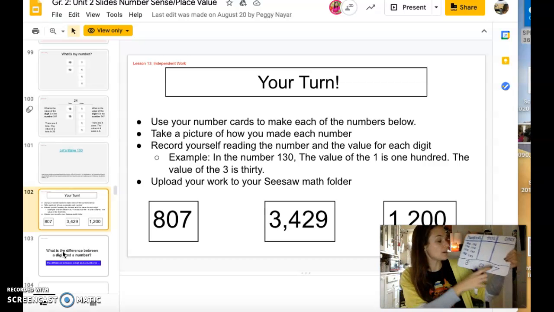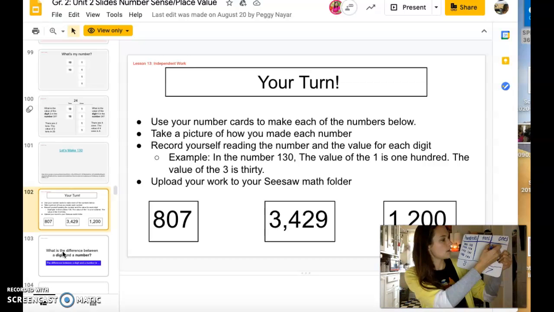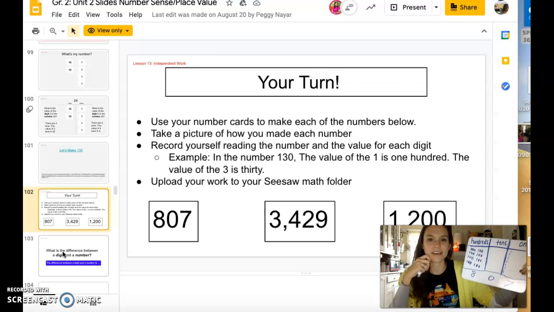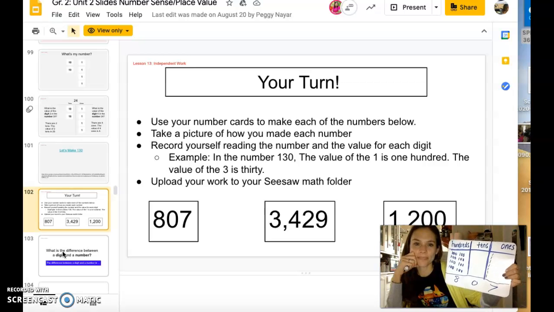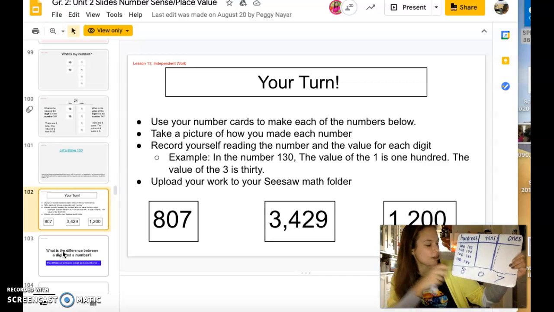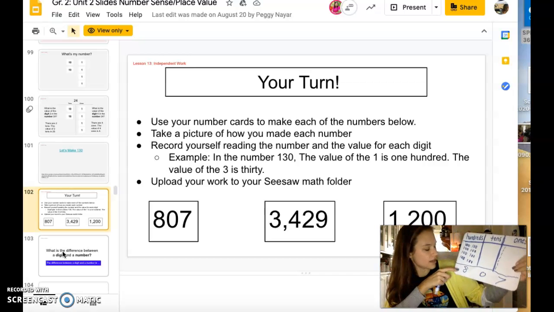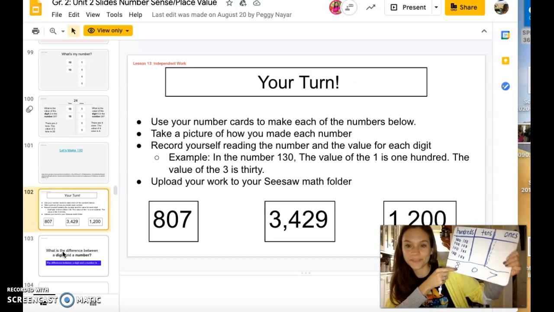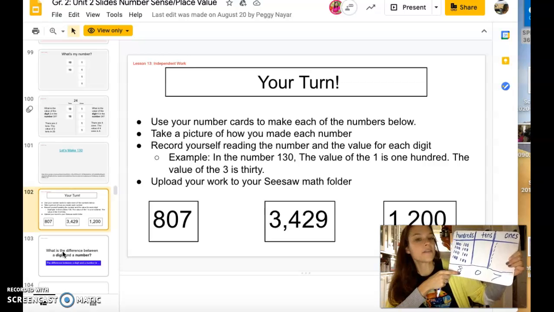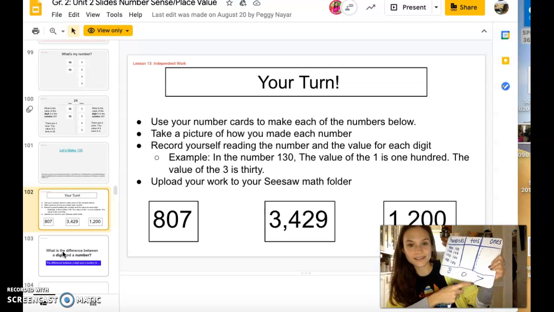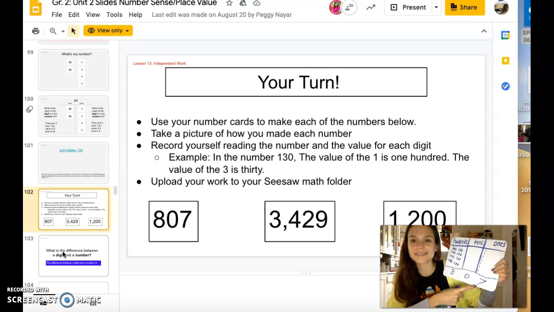And how many ones? 7. 1, 2, 3, 4, 5, 6, and 7. So in the number 807, the value of the 8 is 800. The value of the 7 is 7 ones, right?